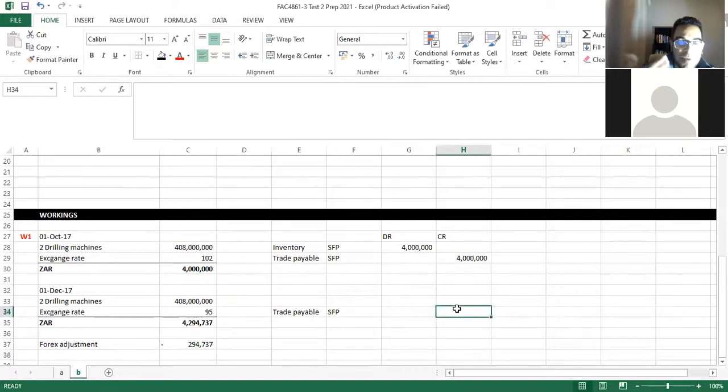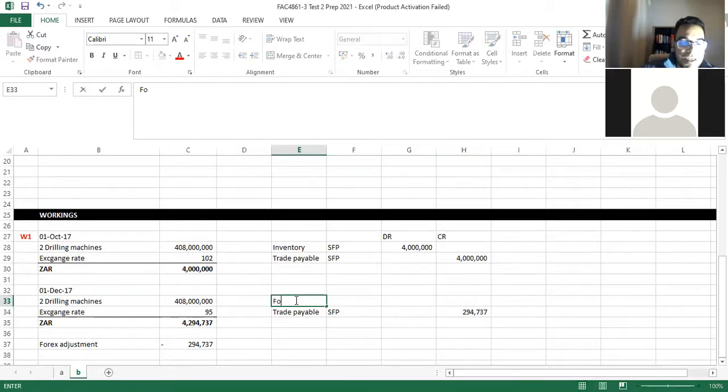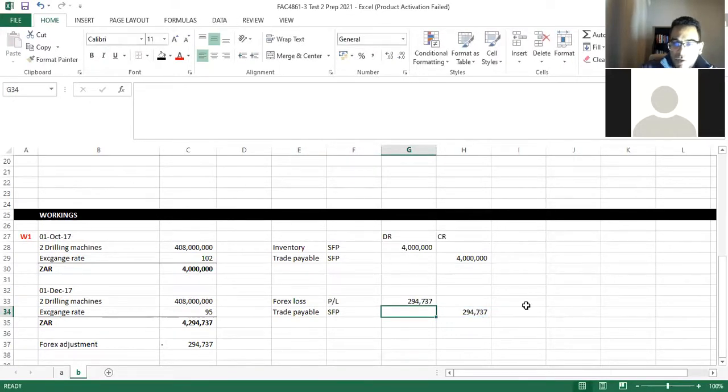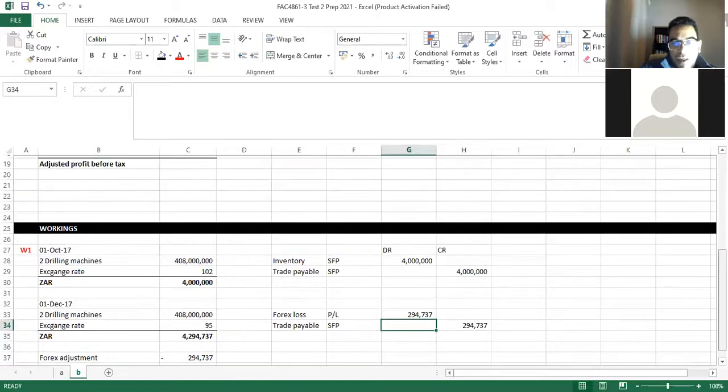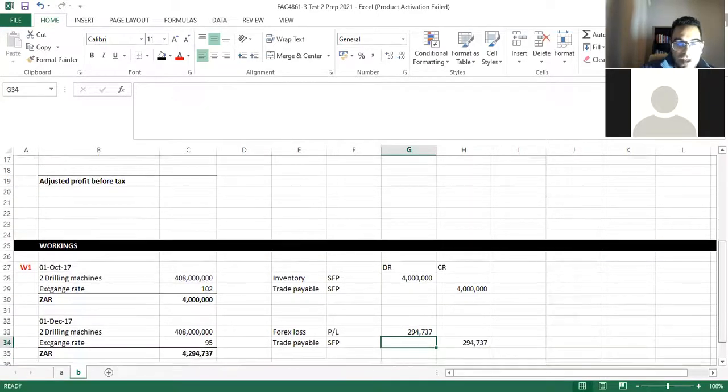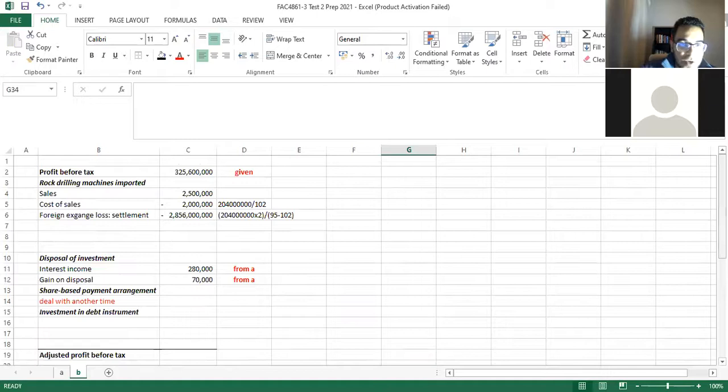You can see the forex adjustment is a loss. So the liability must increase by 294. For every credit, there must be a debit. The debit is going to be forex loss, P and L, with that difference. So that is what the number needs to be. That makes a lot more sense, 294,737.